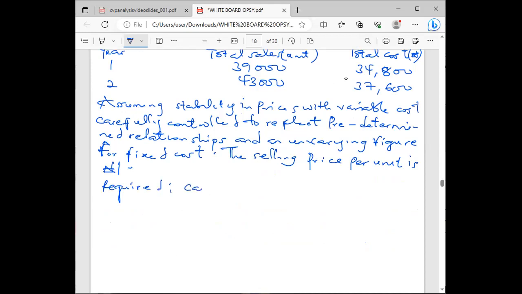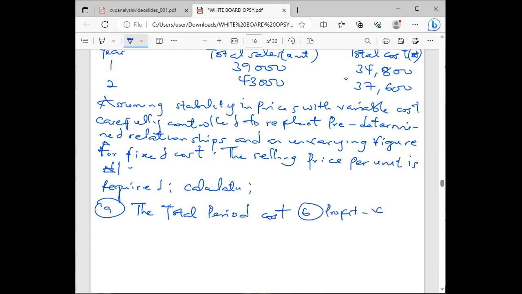Calculate A, the total period cost. B, profit volume ratio.